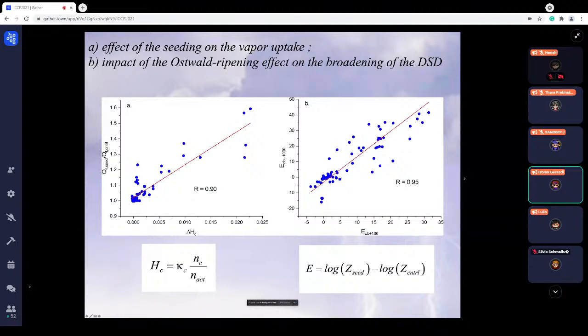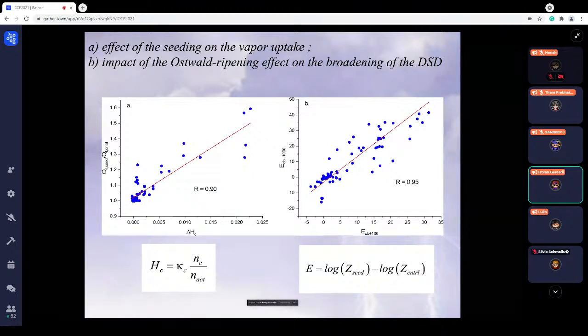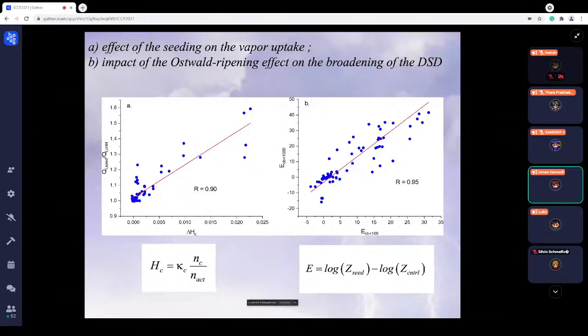So that is one thing. And the other, figure B, shows the relation between the increase of the reflectivity due to the seeding 100 meters above the cloud base, ACB plus 100, and the increase of the reflectivity due to the seeding 1 kilometer above the cloud base, ACB plus 1000.